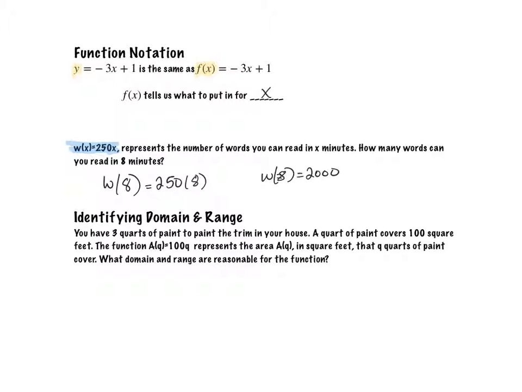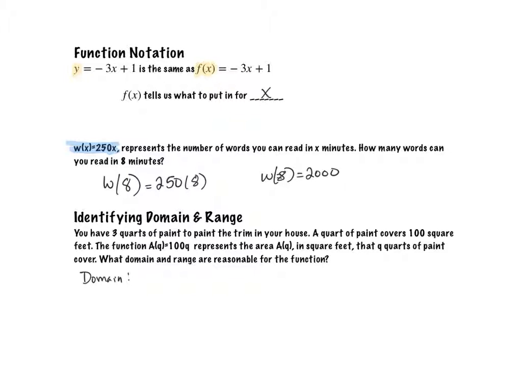So one thing: is the domain going to be the amount of paint I use or the area I can cover? What am I changing? What am I putting into this? Any ideas? What do I control?